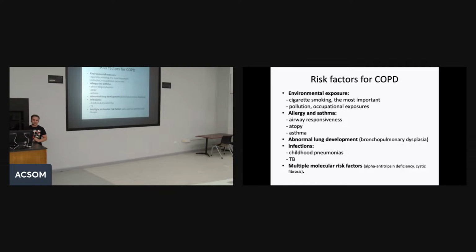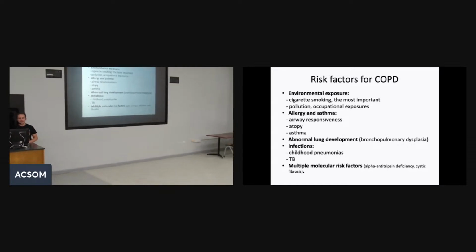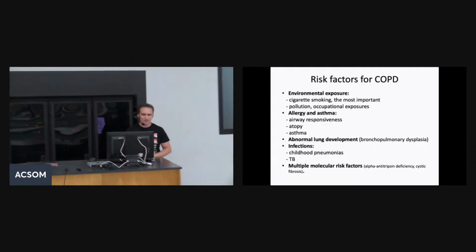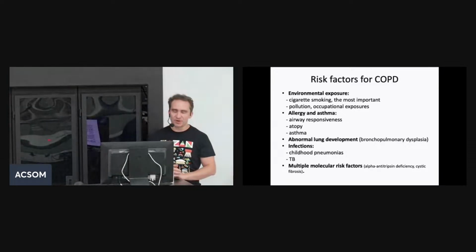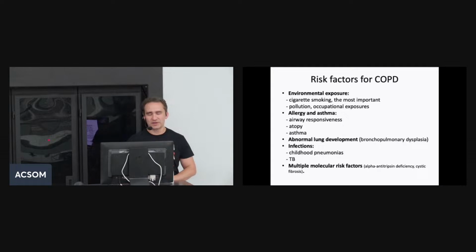The main one, of course, is environmental: cigarette smoking. For the other things people smoke now, like vaping and marijuana, there isn't any clear data yet because you need to observe people for a longer period of time, but they probably are risk factors as well. Of course, a lot of pollution and occupational exposures, and somehow allergy and asthma also predispose patients to COPD.